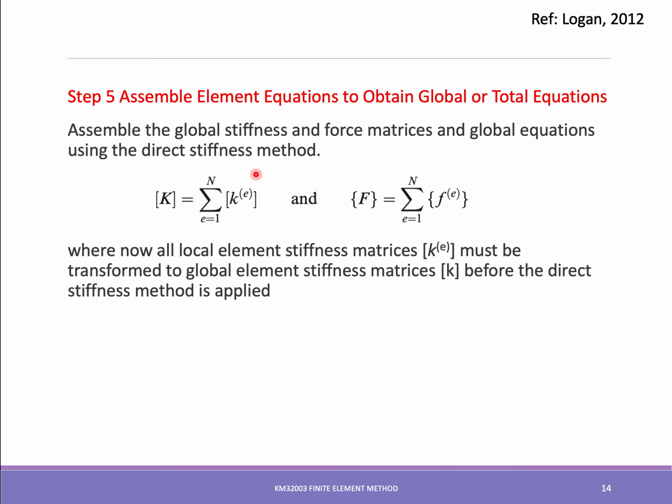As we have discussed in the previous lessons, after we have derived the stiffness matrix for the local elements, we can start to assemble them into a global matrix by superposition of all the stiffnesses as well as the forces acting on every single element.